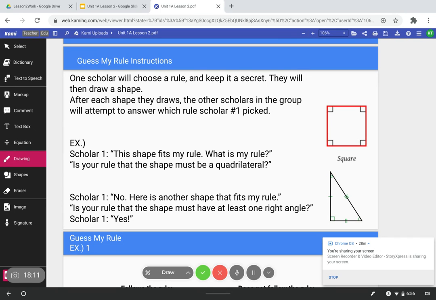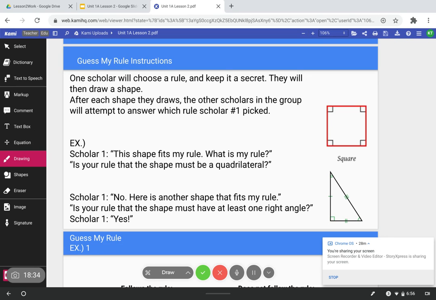So I give you a square first, and you say, is it that your rule that the shape must be a quadrilateral? No. Here's another shape that fits my rule. So you're going to look at both shapes, and both shapes have to fit the same rule. And then you're going to guess again.